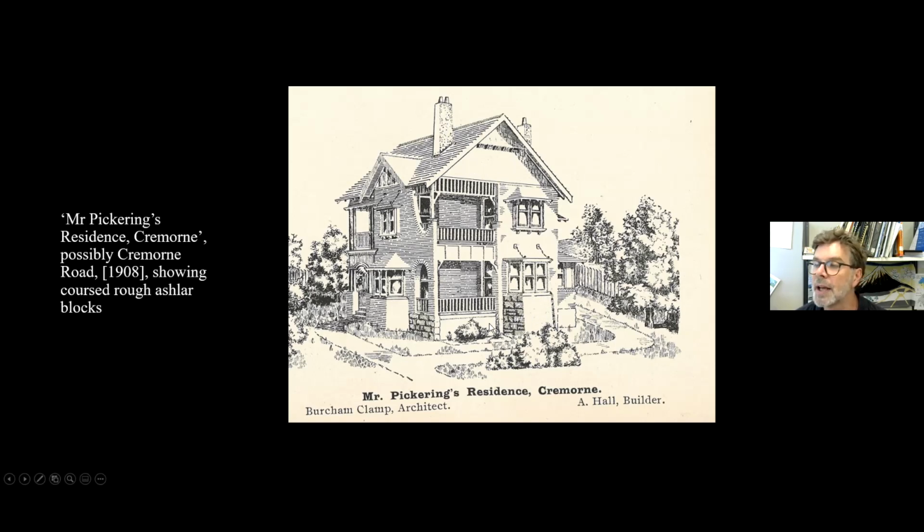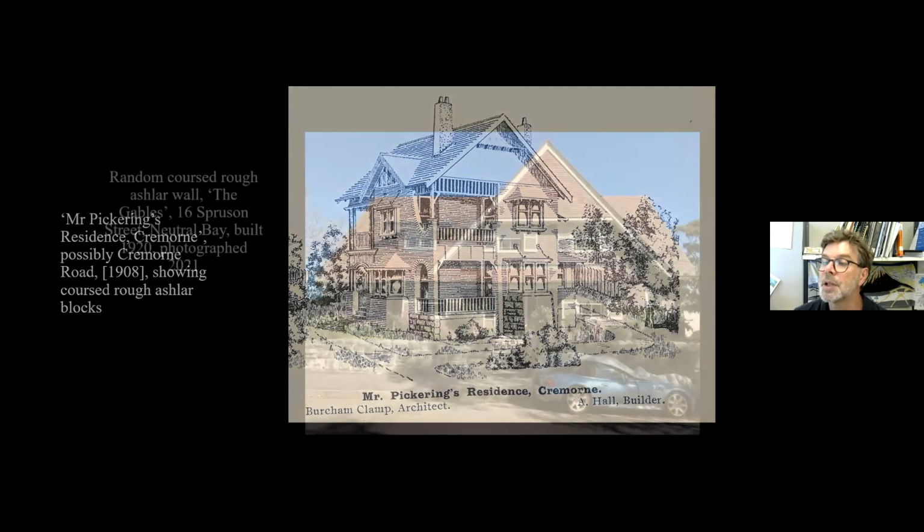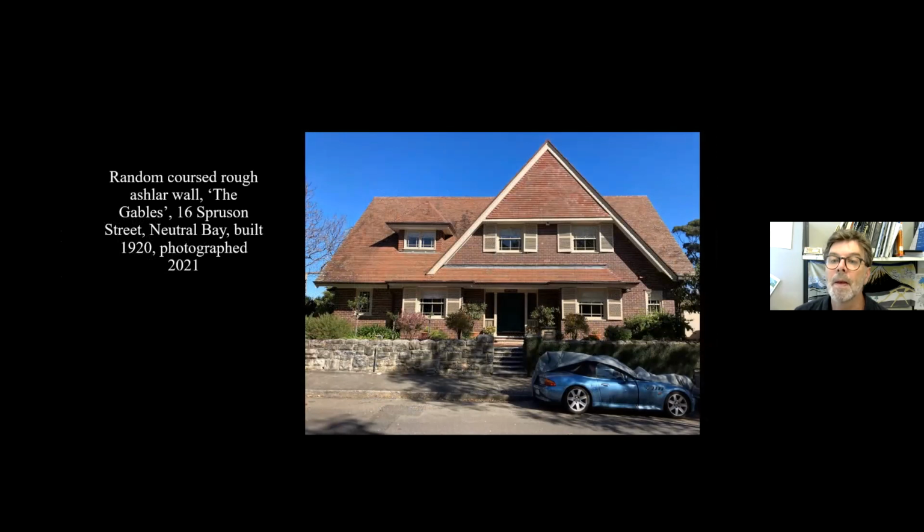So that helps you date buildings as well when you see these type of foundations. So there's John Bertram Clamp, who was a very prominent architect, and you can see the stone base there. So it's very easy as you're wandering around Cremorne, particularly Cremorne Point, to find buildings with this type of stone base.